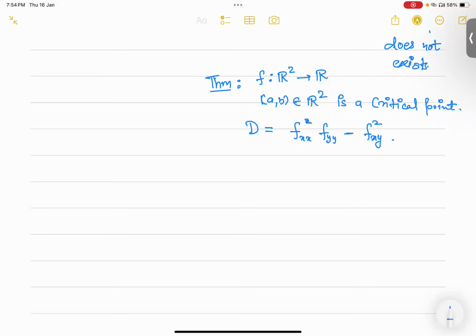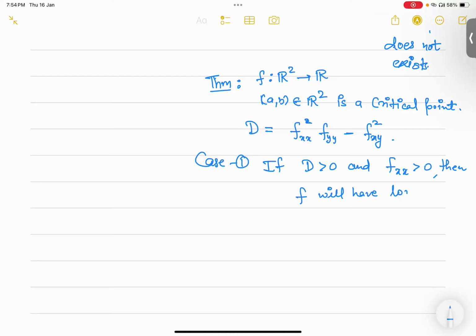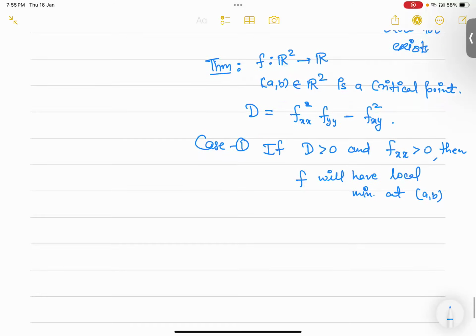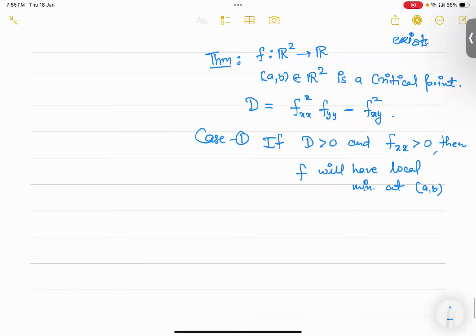Then case one: if your D is greater than 0 and your fxx is also greater than 0, then you will have a local minimum at (a, b). Everything I'm writing is for the point (a, b).